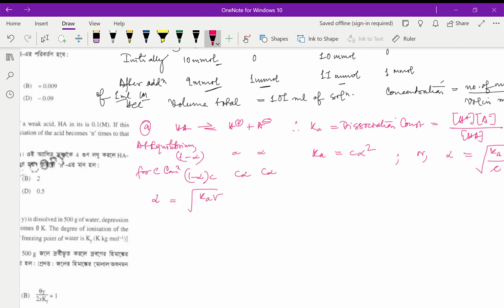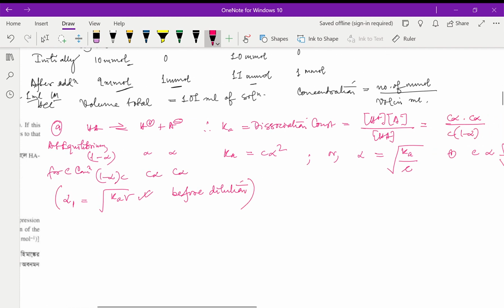So this is the equation that I will use, which I derived for you so that you can get a sense of how it came. Now, suppose this is alpha 1, before dilution.